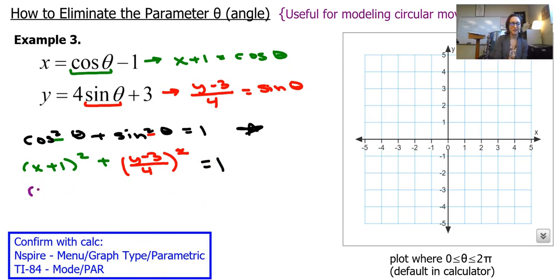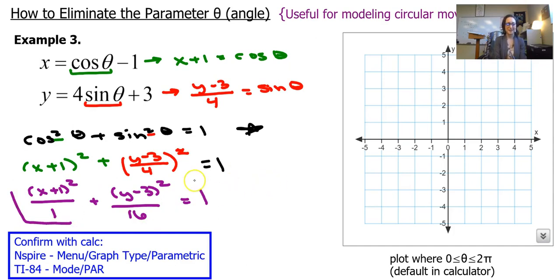So I like this x plus 1 quantity squared. I'm going to put this over 1 just to see if that will help you identify what we're looking at. And then what I'm going to do is keep the numerator, the quantity squared like that, but then I'm going to go ahead and do 4 squared, which is 16, in the denominator like this. Okay, does this look familiar at all?